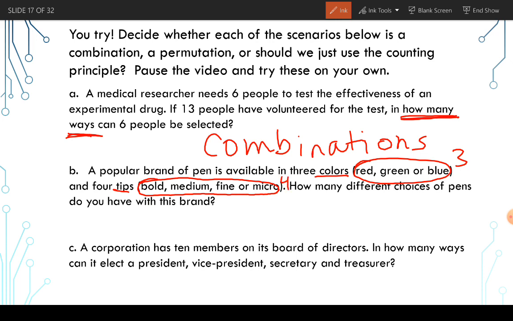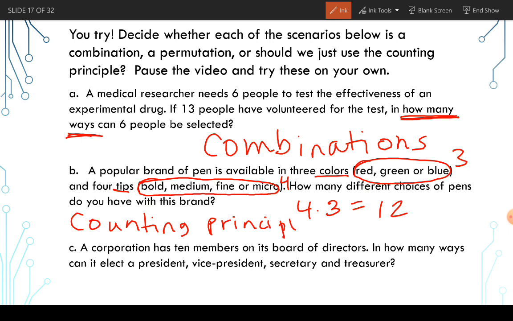So all we really need to do is multiply 4 times 3, and we can get 12, and that would give us our result. So counting principle is what will be used here. Okay.